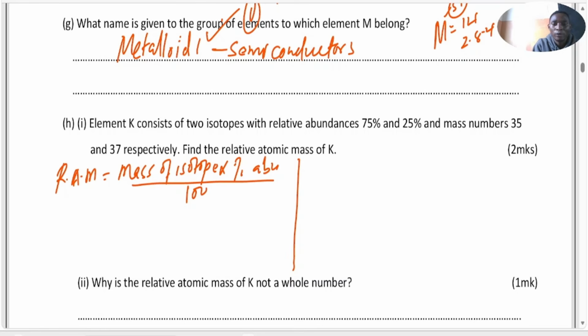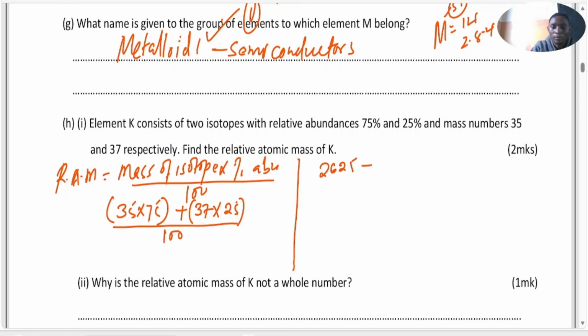So we have the first isotope with a mass of 35, the percentage abundance of 75. Because they are two, we have another with a mass of 37 and percentage abundance of 25. And now we divide this by 100. So when we work it out, we are going to have 2625 plus 925 divided by 100.